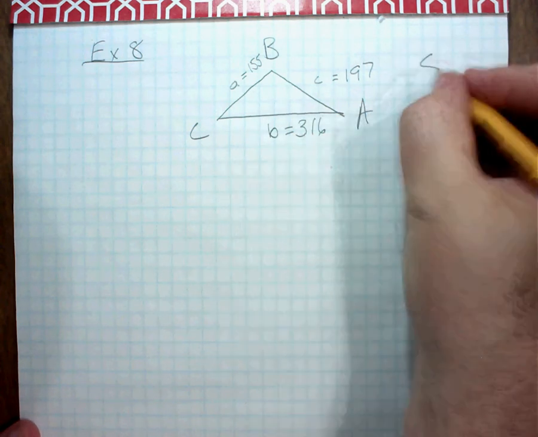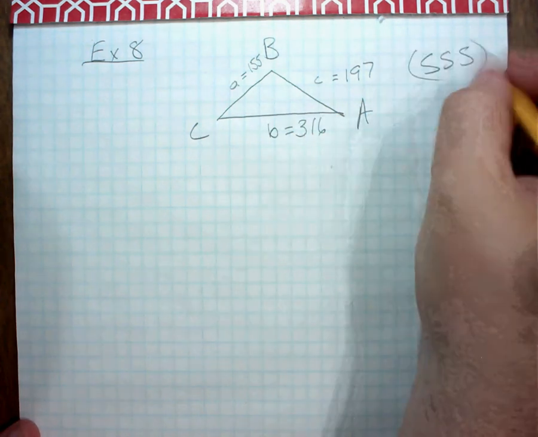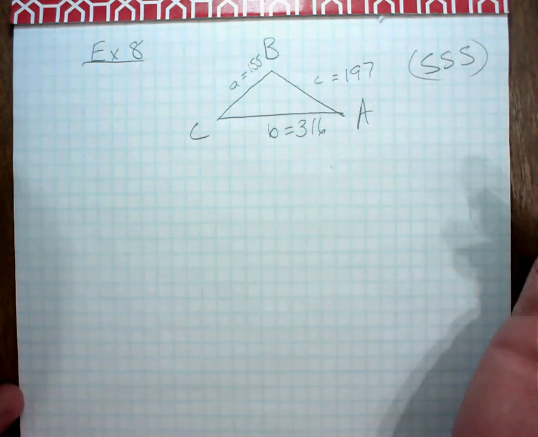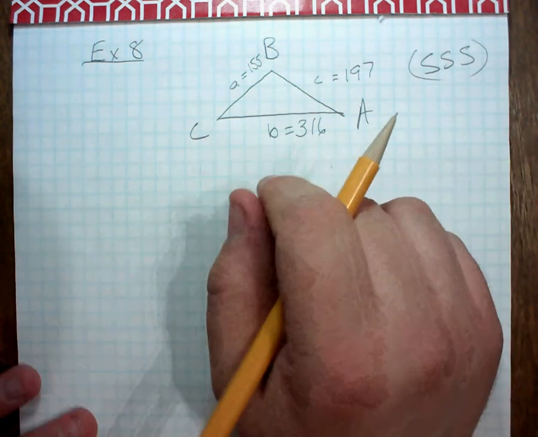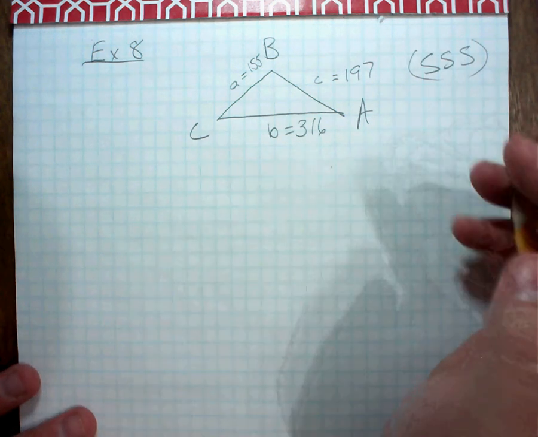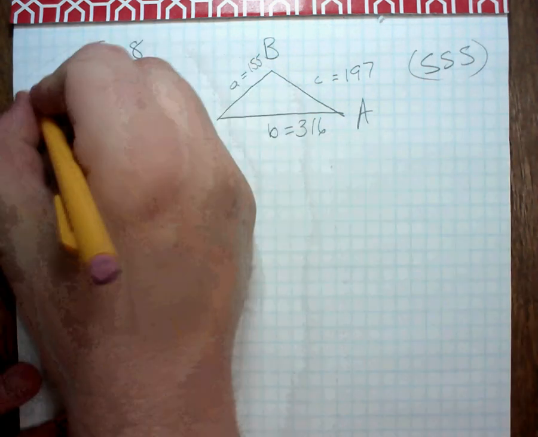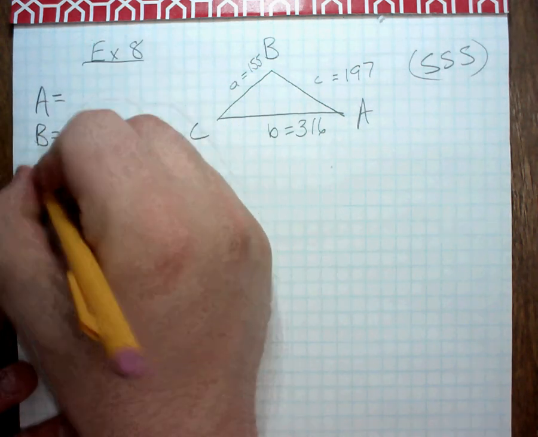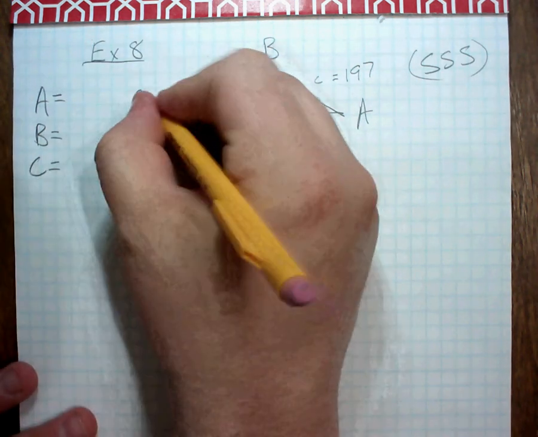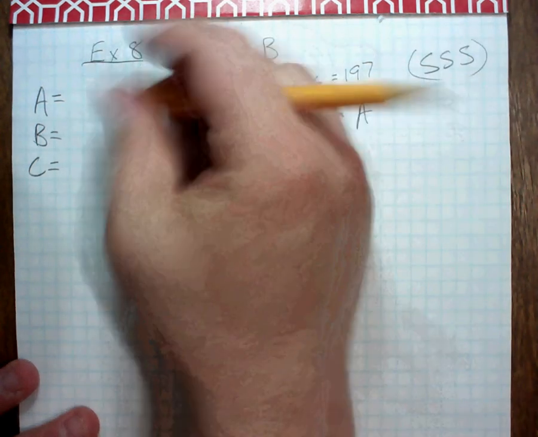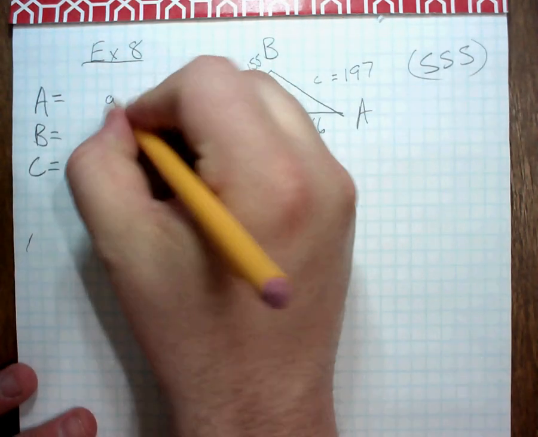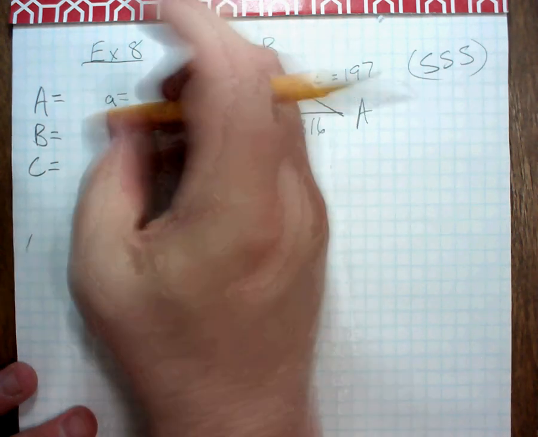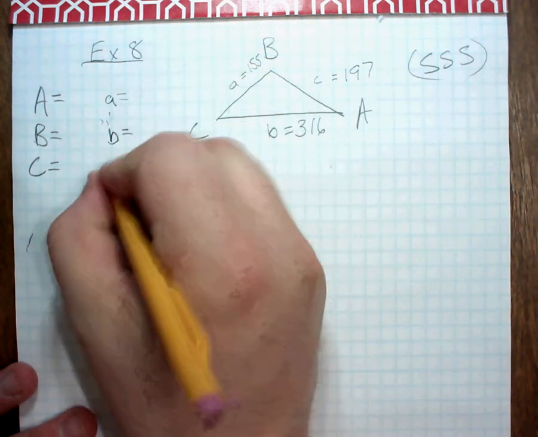So this is a side, side, side scenario. We're given all three sides, and we got it. This is basically example number 7 all over. So in order to solve this triangle, we're going to have to use law of cosines. So we're going to say capital A, capital B, capital C, lowercase a, lowercase b, and lowercase c.